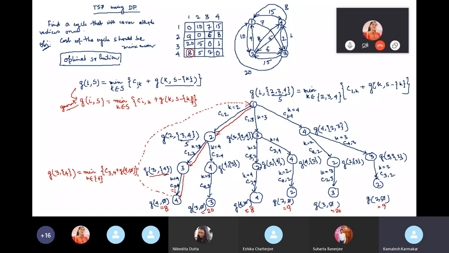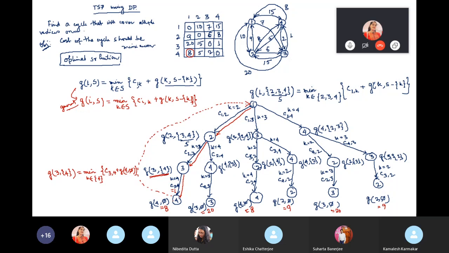Okay. So if it is in general form, then how have we expanded this 3, 4? How is this G34 being expanded? G34 is basically C34 plus G of 4, 5. Is it clear?